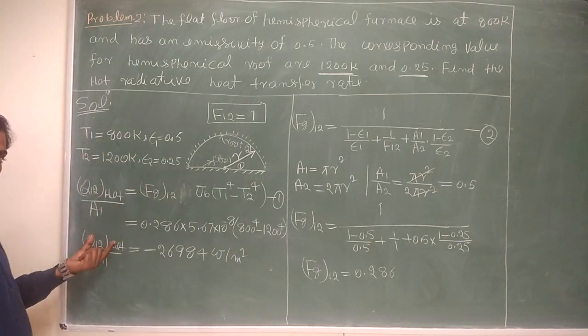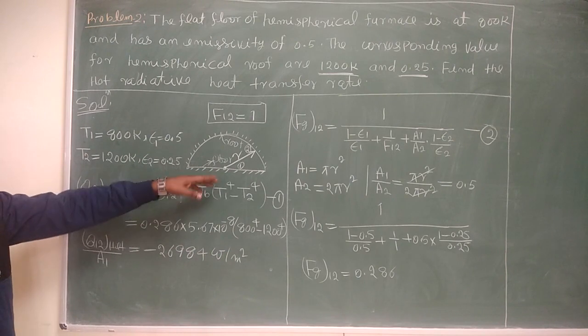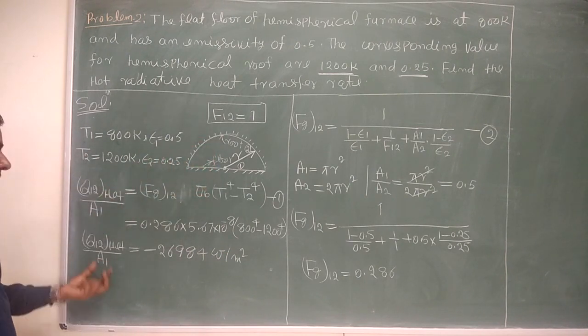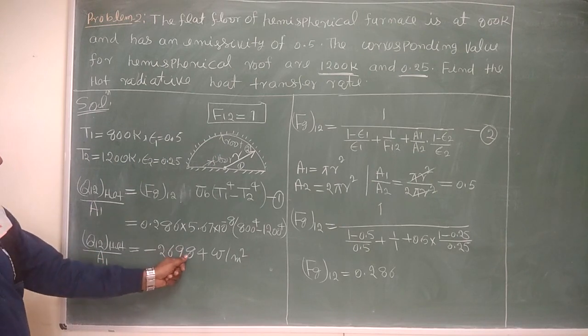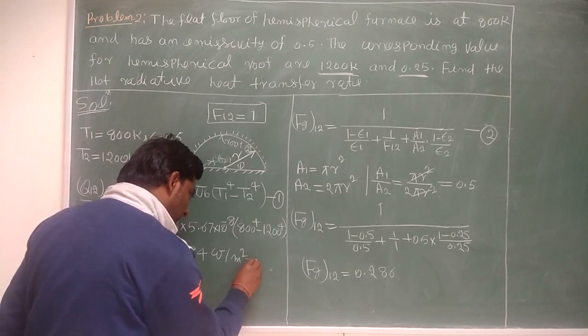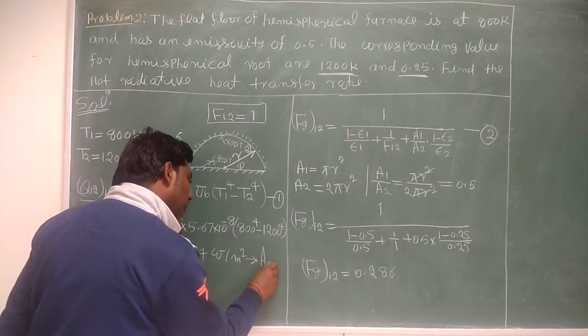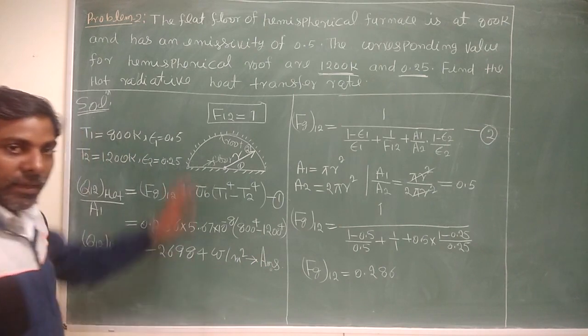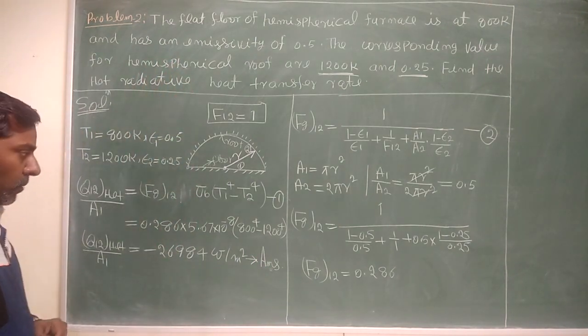So the net heat transfer rate between 1 and 2, that is between the floor and the roof of the furnace, per unit area of the floor, is equal to minus 26984 watt per meter square. That is your answer, which was asked to be calculated in this problem.